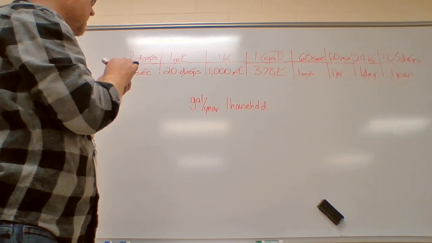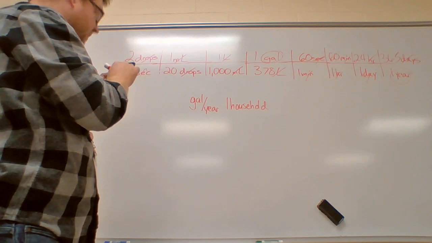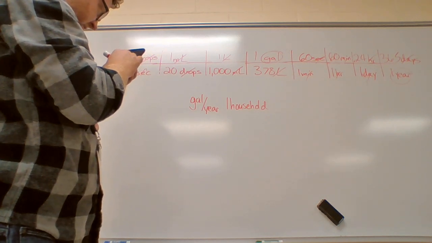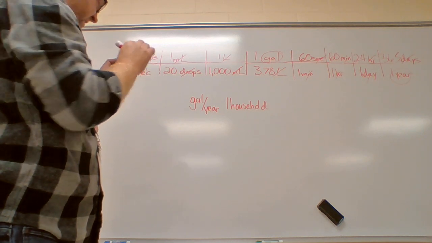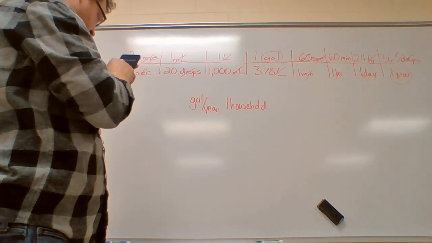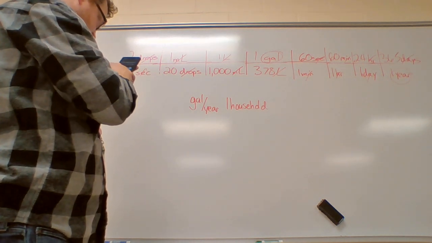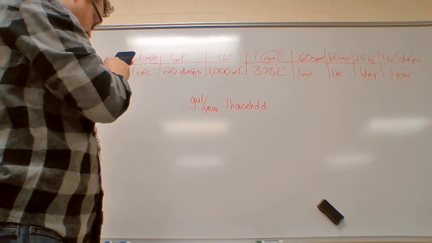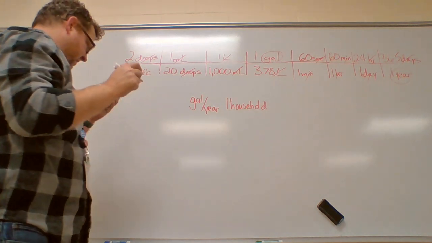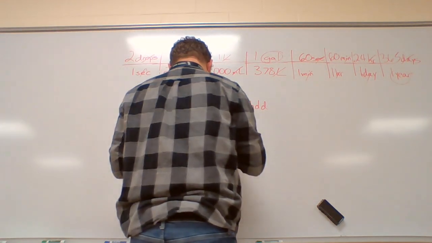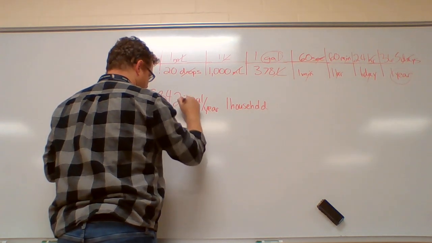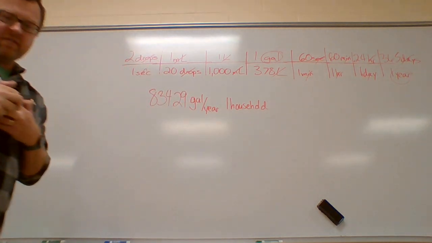We take that number, which is 63,072,000, and then we divide it by the bottom, which is 1 times 20 times 1,000 times 3.78 times 1 times 1 times 1. And then you should end up with 834.29 gallons. So your answer for 1A is 834.29 gallons. Okay?